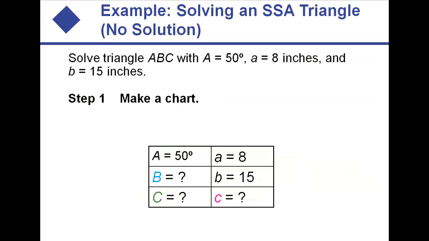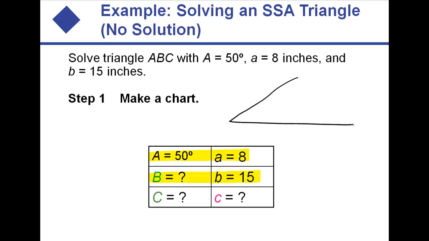If we look at another example with side-side-angle, this one has no solution. Okay, so we make our chart. We recognize that we have one complete ratio and one half ratio. So that would be the first thing that we would have to solve for, right?